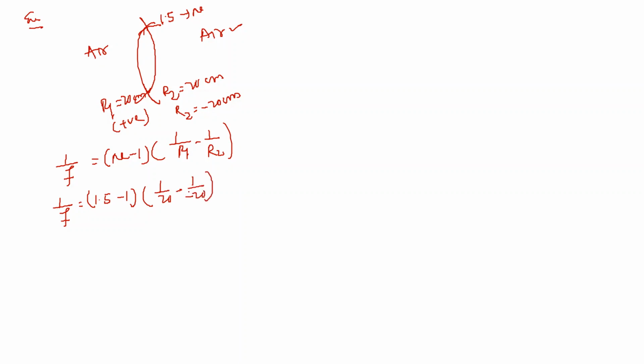Solving this, the focal length is plus 20 centimeter. That means in a biconvex or biconcave lens with refractive index mu equal to 1.5, R1 is equal to R2 is equal to the focal length.